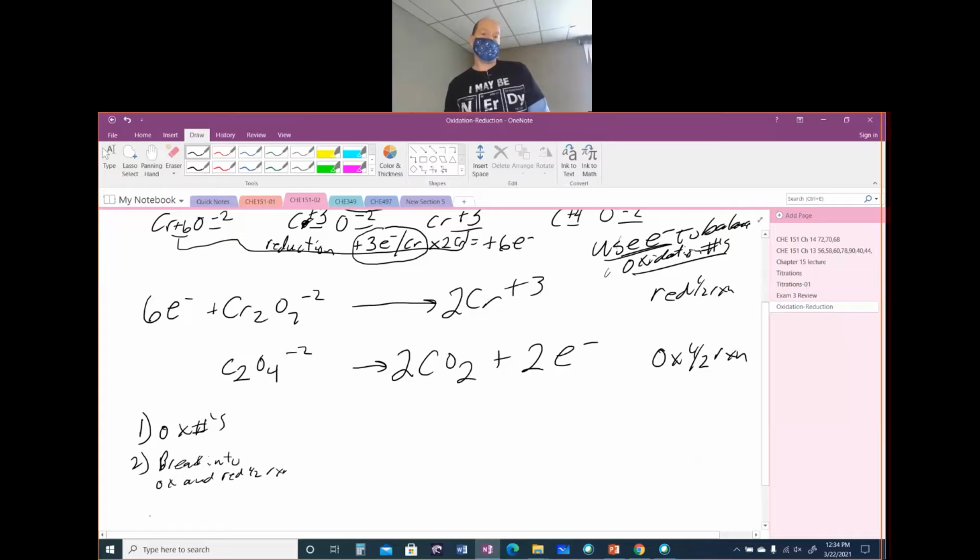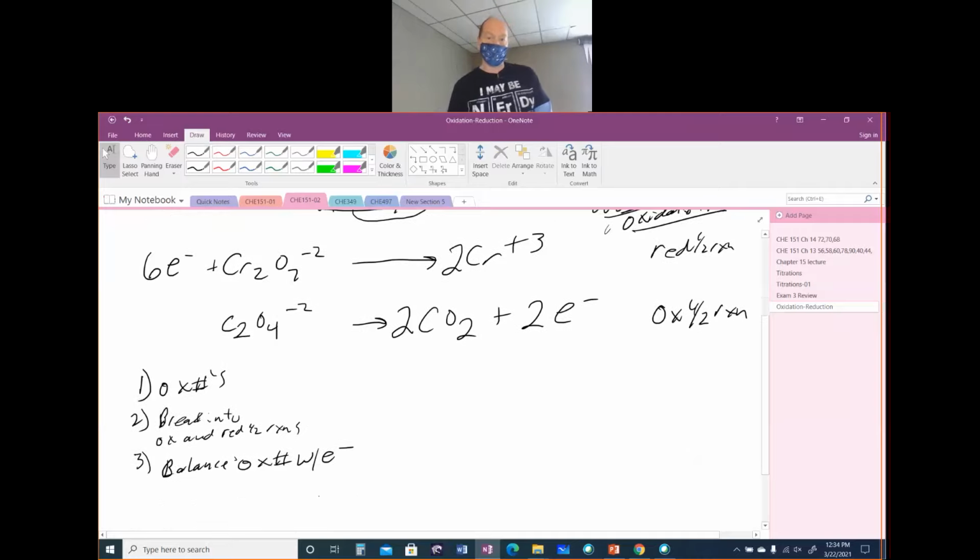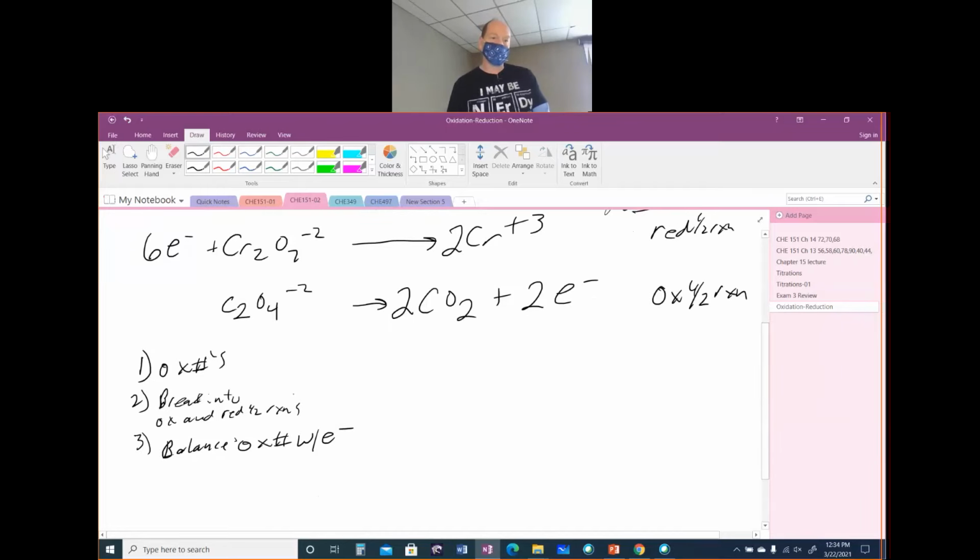All right, and so we assigned our oxidation numbers, we broke it up, and then we balance our oxidation numbers with electrons. All right, so now we're on step 4, which is balance the charge.